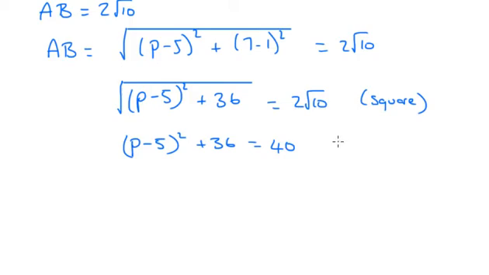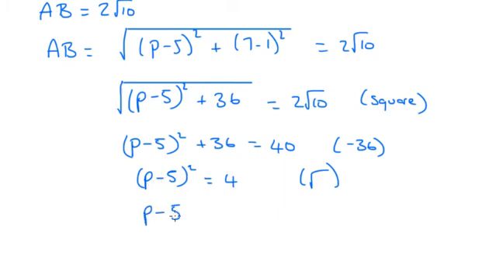Now we need to get P on its own. So if we take away the 36, that will give me that P minus 5 all squared is equal to 4. Again, if I square root now, that will get rid of the square on this side.